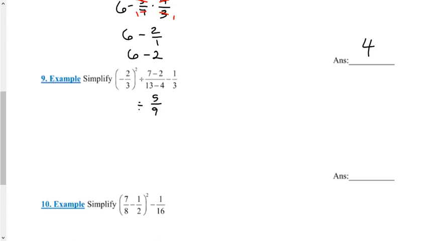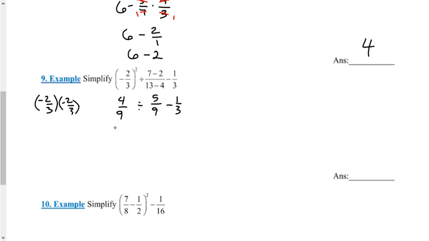Then the next thing that I'm going to do is the exponent here. So negative 2/3 squared, remember, that's negative 2/3 times negative 2/3. That's going to be a positive 4/9. And we still have this minus 1/3 on the end.